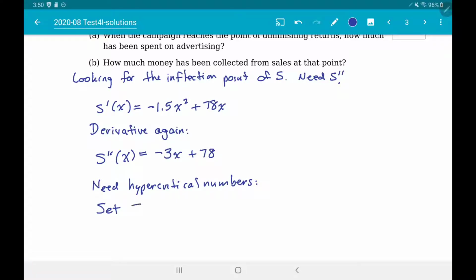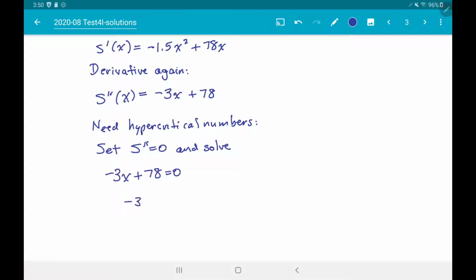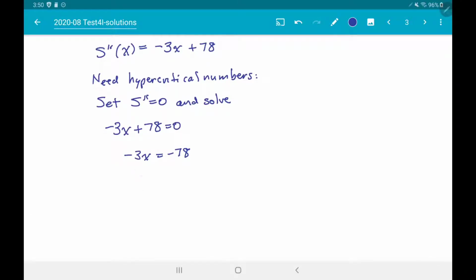We will set S double prime equal to 0 and solve. So negative 3x plus 78 equals 0. This is straightforward to solve. Just be careful that you don't lose a sign. So there I've subtracted the 78 over to both sides. Now I'll divide by negative 3.